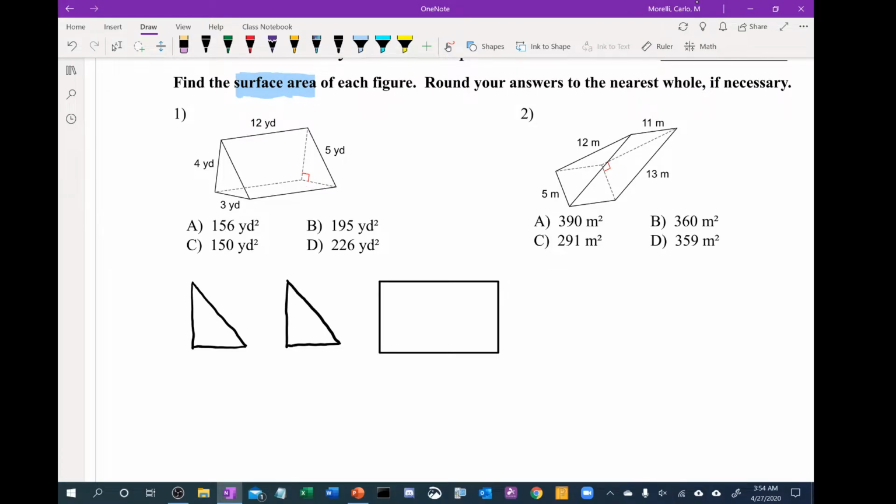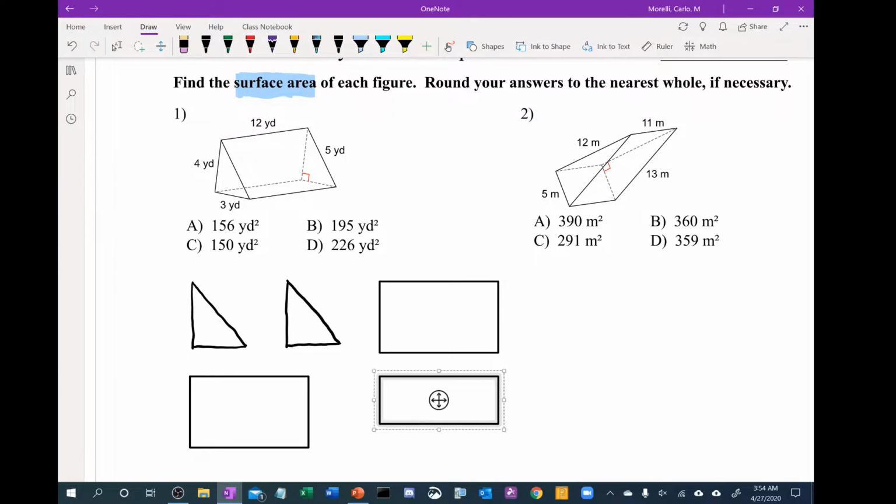See this guy right here, he's a rectangle. And we can draw him the same way we drew the other one. And then we've got this bottom piece right here. This is kind of the floor of this shape. And even though that looks skewed in 3 dimensions, it's actually just a 2-dimensional rectangle, kind of a skinny rectangle like that.